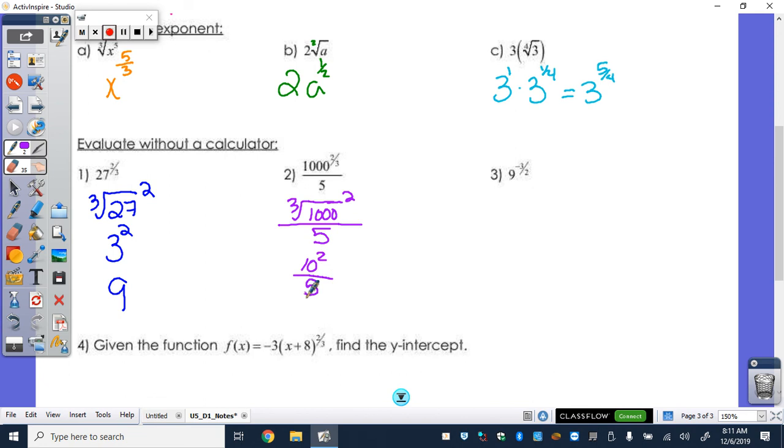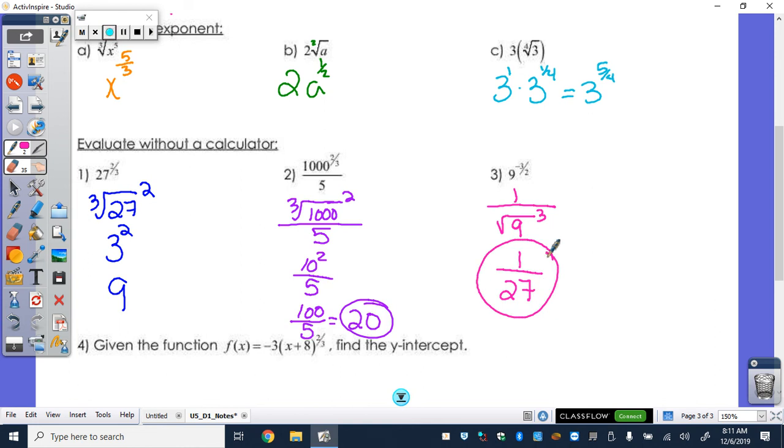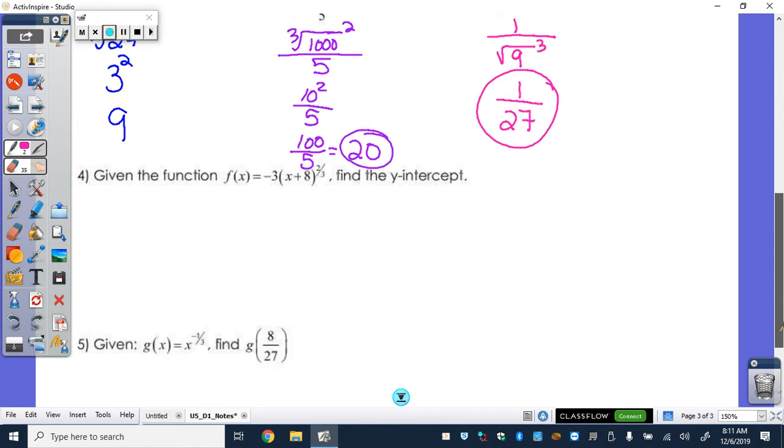Cube root of 1,000 is 10. 10 squared is 100. 100 divided by 5 gives me 20. Third one is negative, so that just means same thing happens, but it's going to be in the denominator this time. So it's 1 over the square root of 9 to the 3rd power. Square root of 9 is 3. 3 to the 3rd is 27, so it becomes 1 over 27.